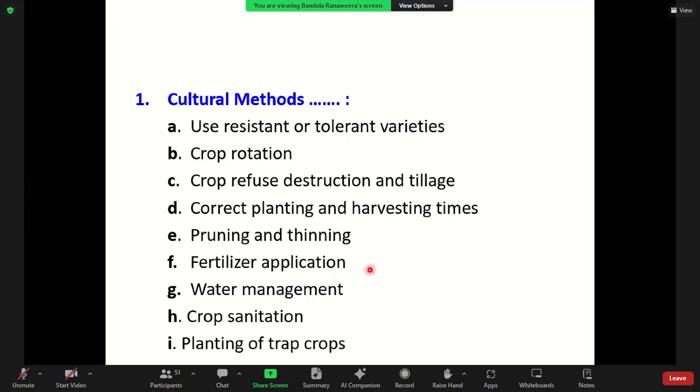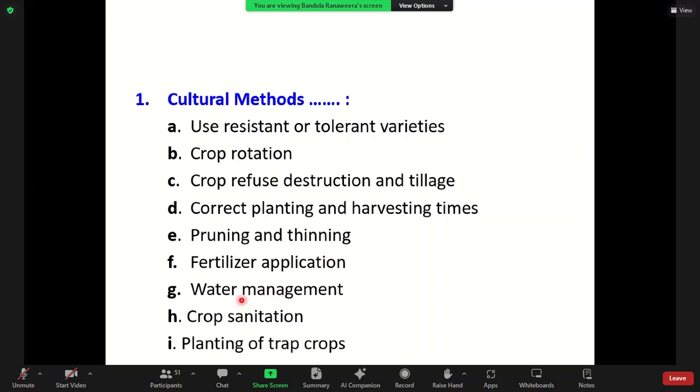Then when we apply fertilizer correctly, the plants have good vigor. If we apply balanced fertilizer, then the plant will have good development and growth. Strong plants have more strength to fight diseases.